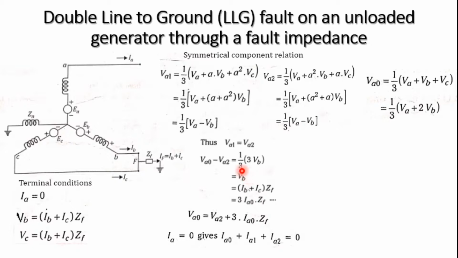We know that Vb can be written as Ib plus Ic into Zf. So what is Ib plus Ic?